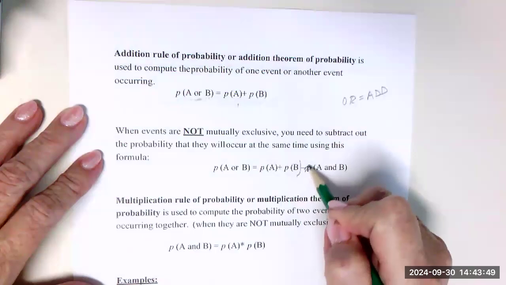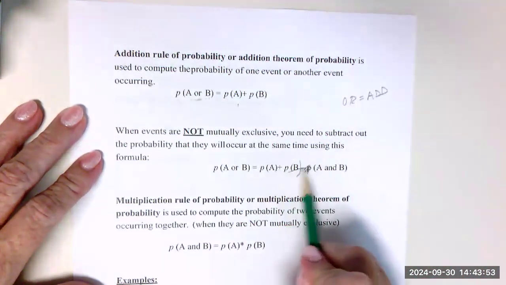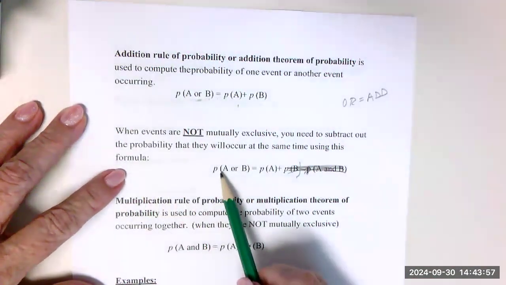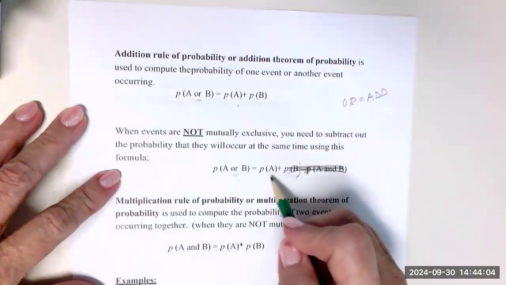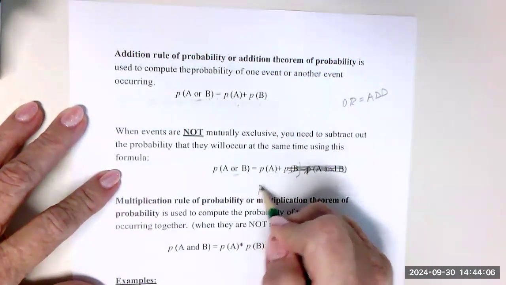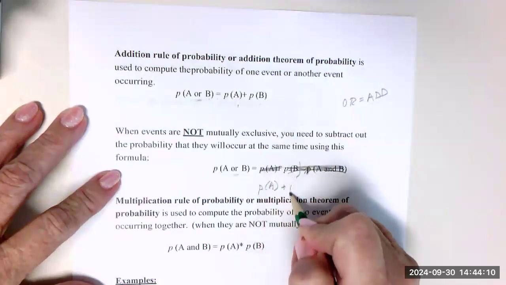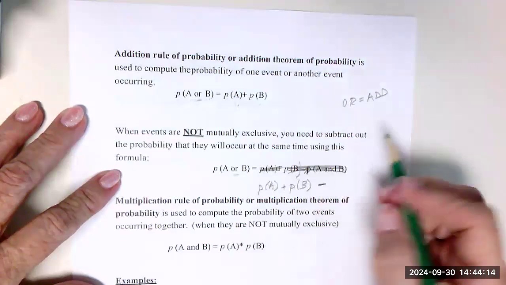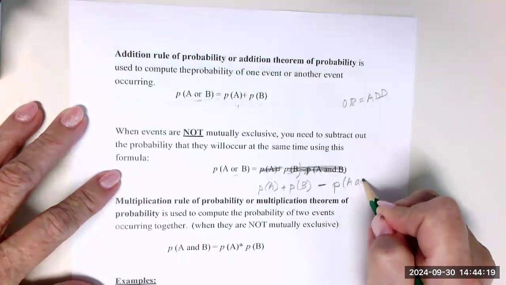Oops, this is messed up. Let me fix this. This got a typo. You have to tack on this. You say, what's the probability of A or B? We know we use the addition rule. We do the probability of A, just rewrite it here, the probability of A plus the probability of B. And then you need to subtract out the probability that they occurred at the same time.